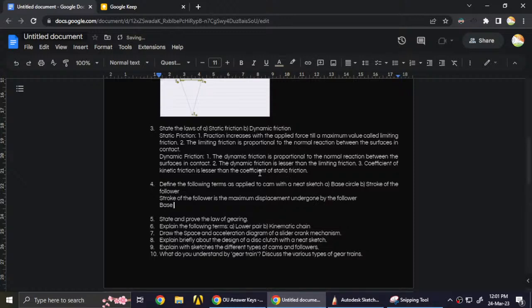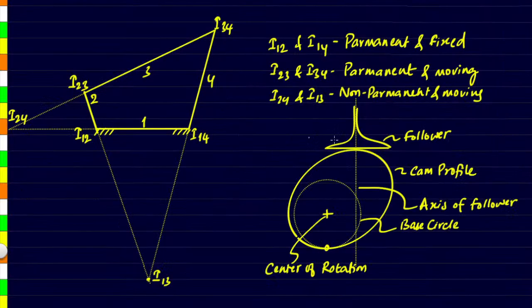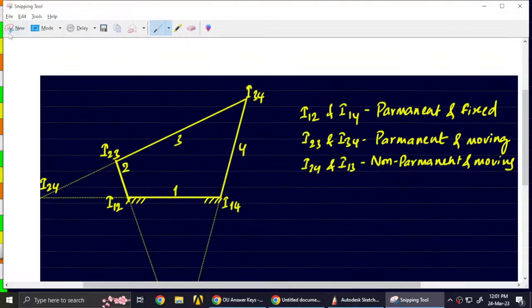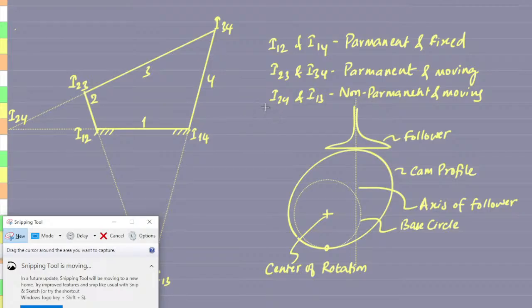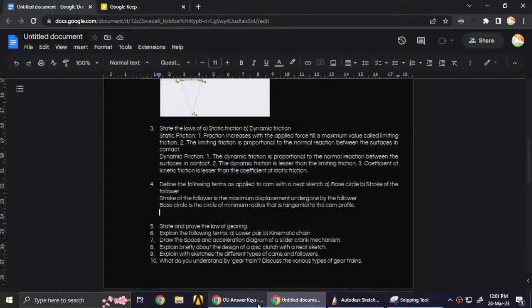And base circle is the circle of minimum radius that is tangential to the cam profile. These are the two definitions. You can also just throw in this diagram here for clarity. That should do, I guess.